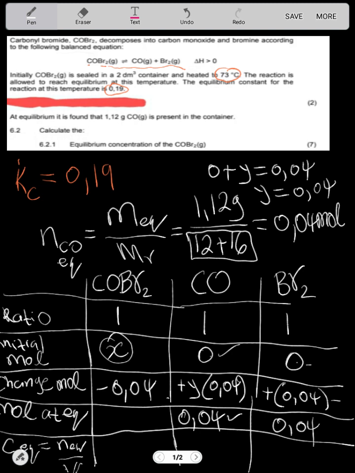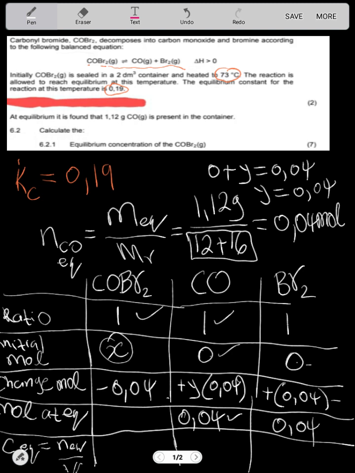Remember from the previous video, I showed you that when you are consuming something, you are subtracting it. When you are forming something, you are adding it. And we're going to apply the same ratio. The ratio is still 1:1. So since it's 1:1, the number of moles are the same, and hence I use the subtraction to show that I am consuming.